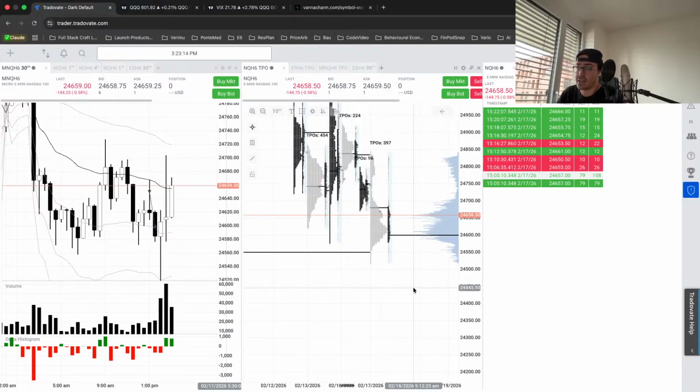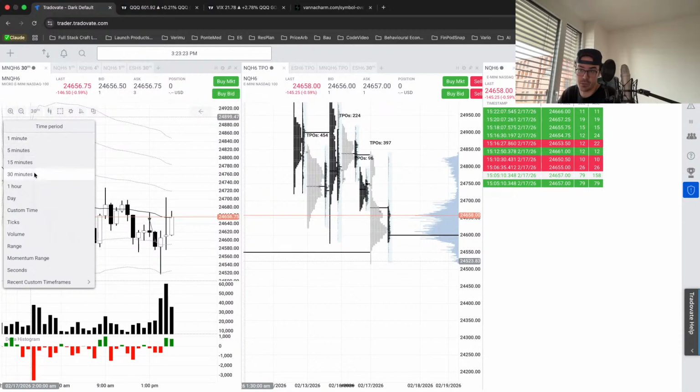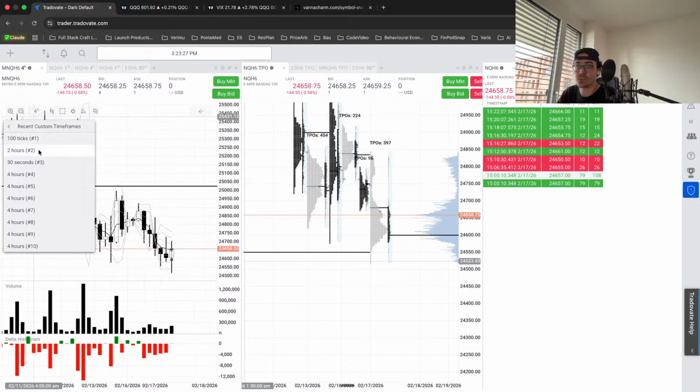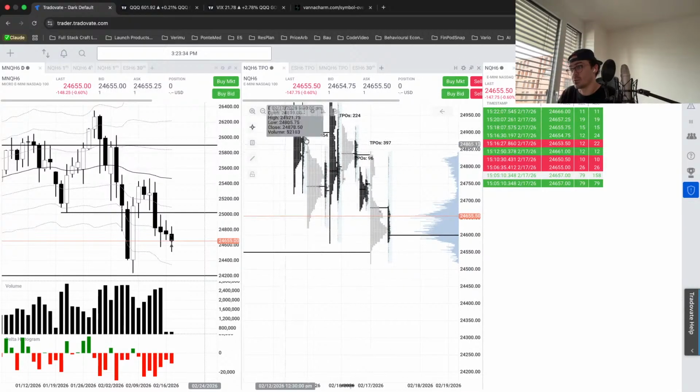But how I have settled on, after trying a lot of things in futures, I have my bars, usually the 30 minute, 1 minute, the 4 hour, and of course the daily. Then I have my market profile.